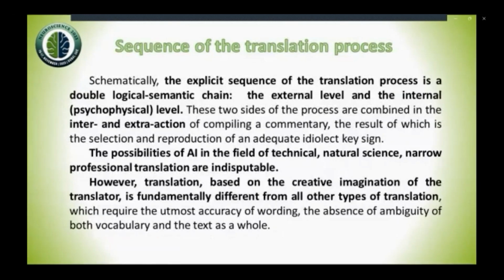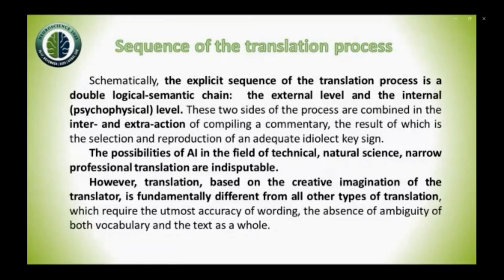Schematically, the explicit sequence of the translation process is a double logical semantic chain: the external level and the internal psychological level. These two sides of the process are combined in the inter and extra action of compiling a commentary, the result of which is the selection and reproduction of an adequate idiolect key sign.